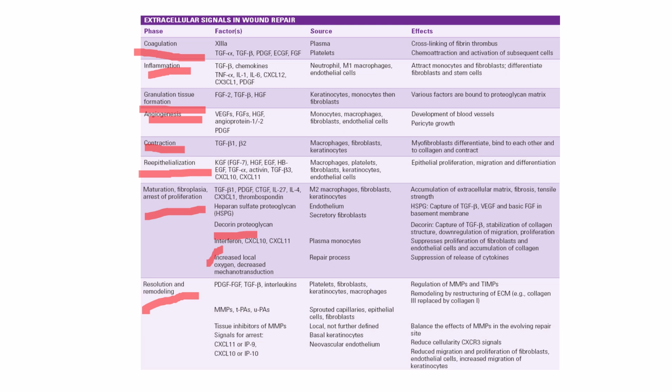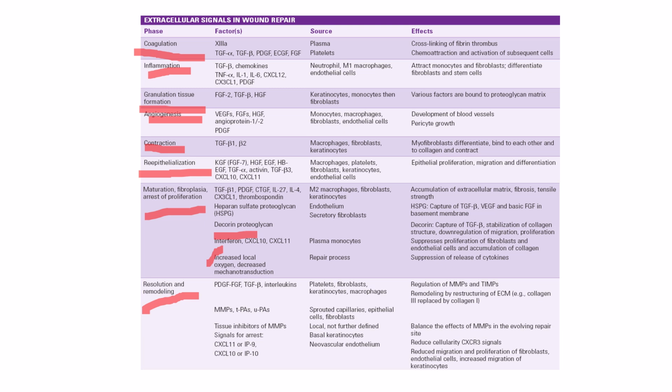Then reduced cell density limits excessive scarring that is caused by CXCR3 signals. Final tissue remodeling stabilizes the tissue structure and ensures long-term integrity. So each phase has a specific signal source and tightly controlled effect.